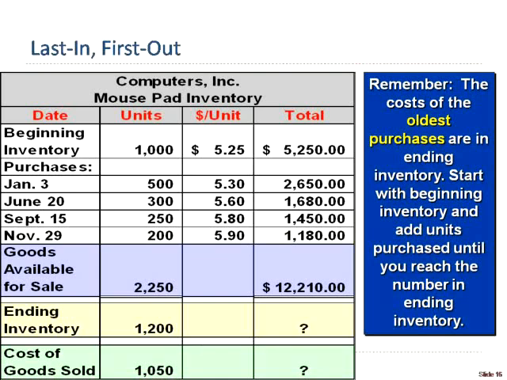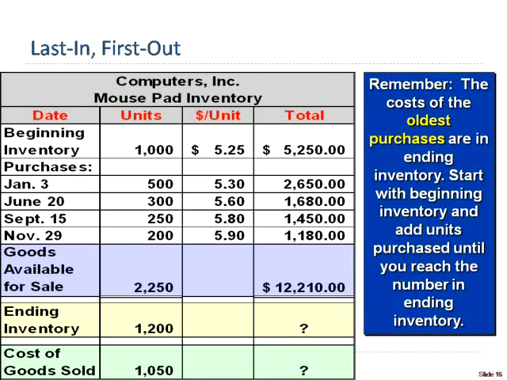Now, let's determine the cost of the 1,200 units in ending inventory using last-in, first-out. Remember that when we are using the last-in, first-out method, the costs of the oldest purchases are in ending inventory.